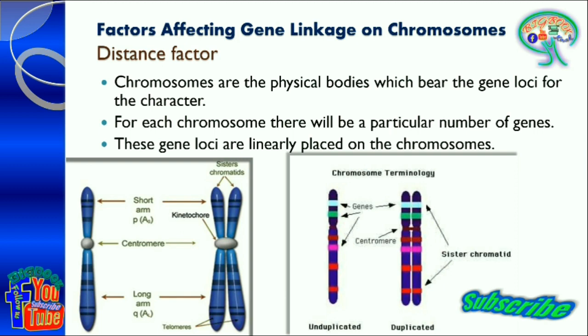Because the chromosome is a condensed form of a slender structure with some unique regular arrangement, which allows the DNA sequences to get condensed in such a form that the genes are arranged linearly on it, one after the other. So that is why these gene loci are linearly placed on the chromosomes.